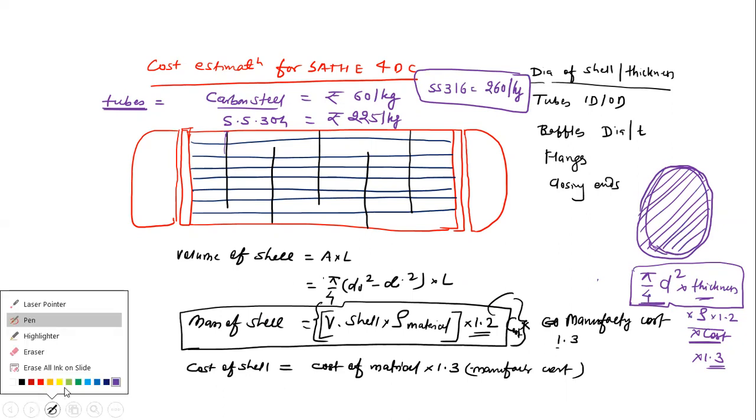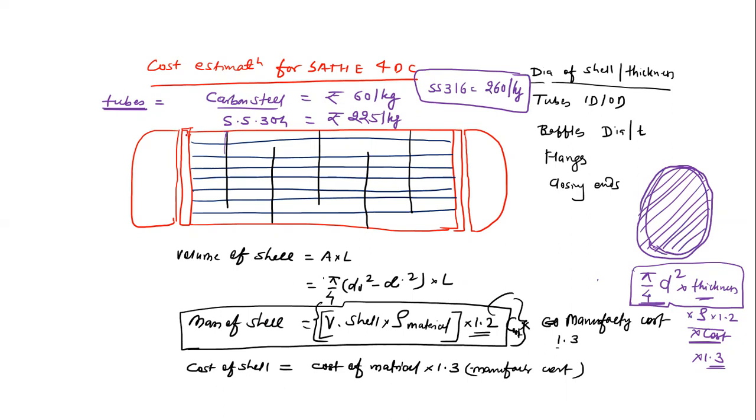Plus, we'll have these flanges, which will have holes. The tubes are made in a hole in a triangular or square pitch, and every tube is welded this side and this side. So we have two thick flanges. So it will also have, similar to this, the whole material thicker than this.